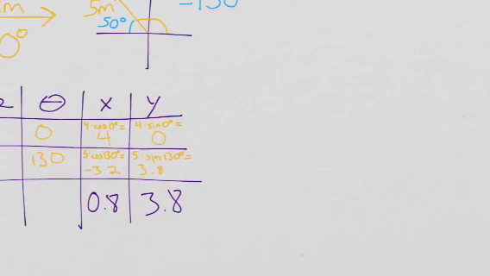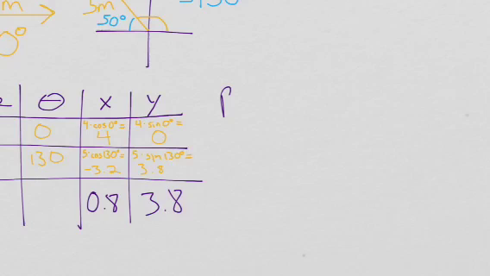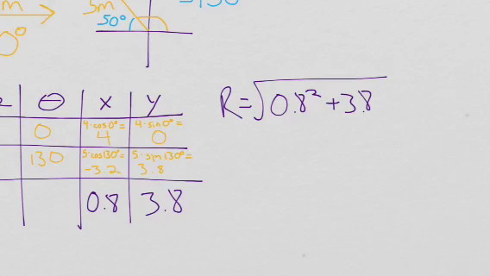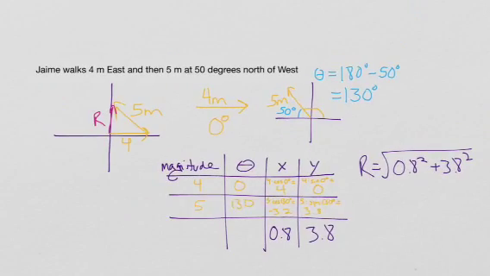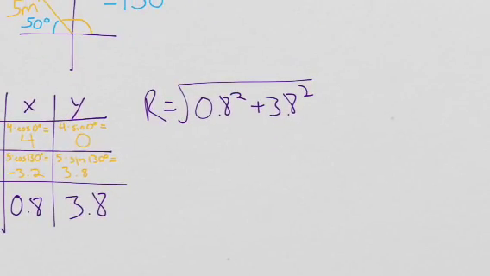So we can do that over here. We can solve for the resultant vector with the square root of 0.8 squared plus 3.8 squared. And by the way, again, we can check our work here. Notice our estimate, right? Does it make sense that we're just slightly into the positive x and really high up in our y? Yes. So it looks like our drawing was leading us the right way.